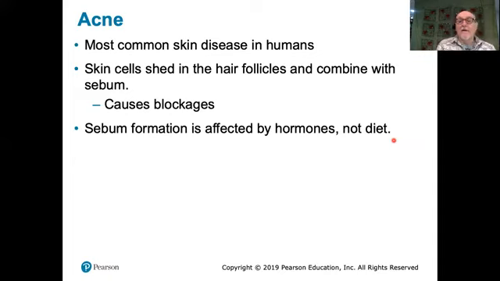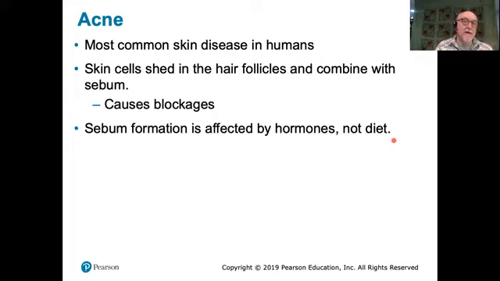And under normal circumstances, our hair follicles, which consist of a pocket with the hair embedded in it, have little oil glands associated with them that secrete a lipid called sebum. It's intended first of all to lubricate the hair itself, but also provide oil for the skin.